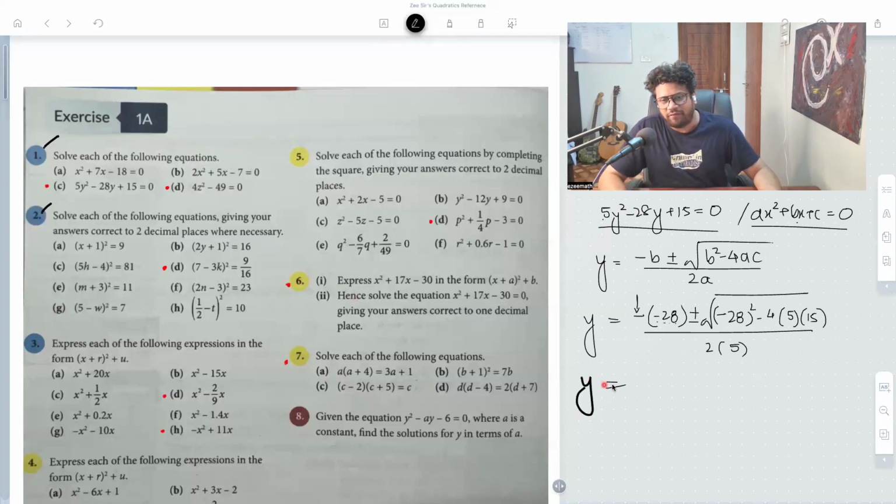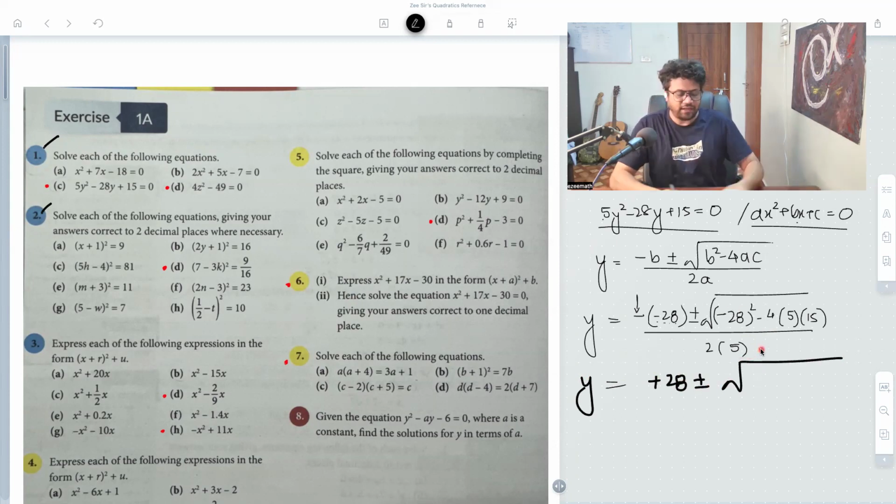From there, y would come out to be plus 28 plus minus square root of 28 square. I think that's 576. Let me just check once. 28 square, that's 784. 784 minus 16 into 5, that's 300, divided by 10.